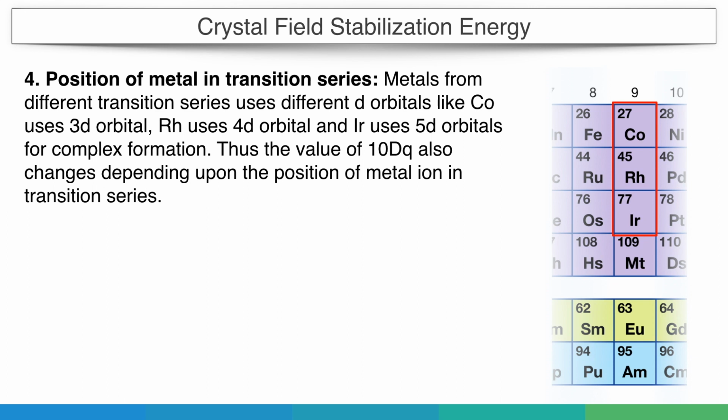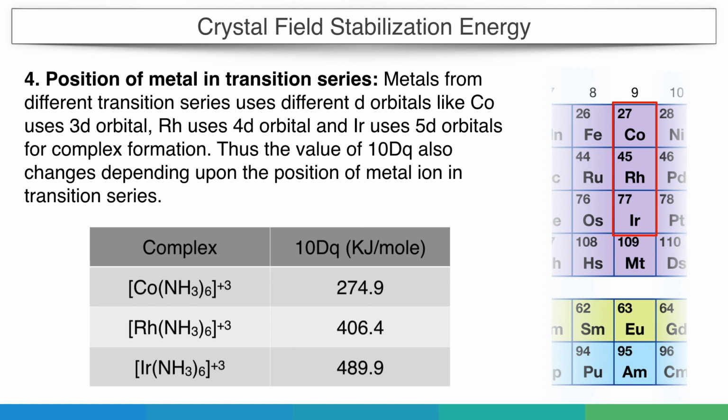So you can check here in the table that the cobalt complex has the minimum 10 Dq, that is 274.9 kilojoules per mole. Rhodium is a little higher, which is 406.4 kilojoules per mole. And finally the iridium complex has the highest, 489.9 kilojoules per mole.